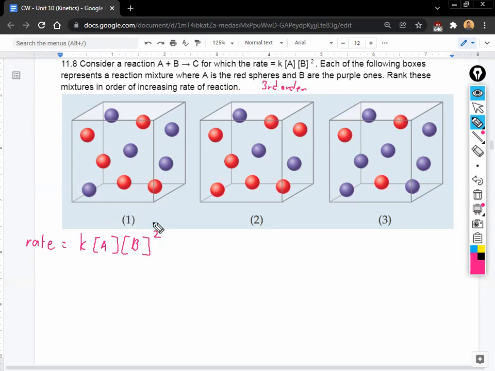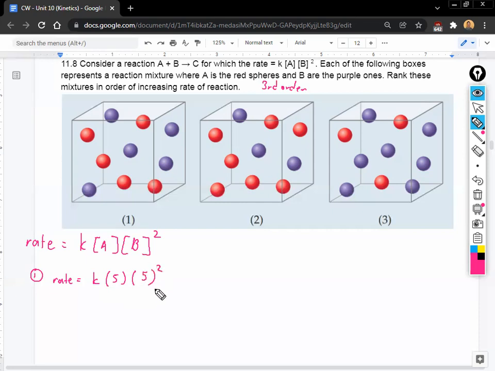Now, for example 1, box 1, let's just plug in the values. The rate is going to equal k. The concentration of A is the red balls. How many red balls are in there? 5. How many blue or purple balls are in there? 1, 2, 3, 4, 5. Yeah, 5. Is that blue or purple? I can't even tell. Okay, it looks blue to me.